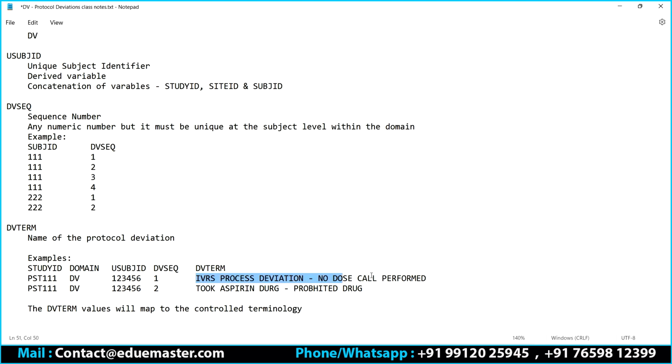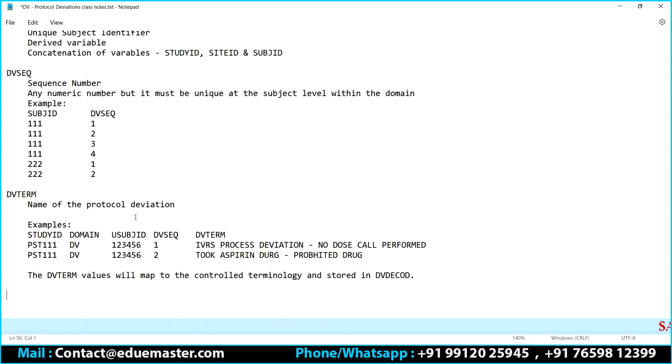Because this is going to be a very big name, there is going to be a controlled terminology for this particular one, a standard term we are going to use, right? And those are stored in a variable called DV decode. So you remember, right? What is DV decode? It is nothing but a dictionary derived one, a standard one, right? That we are going to discuss now.